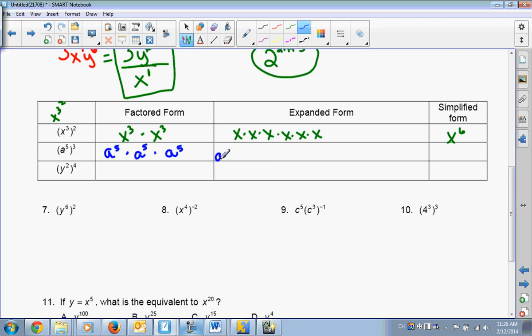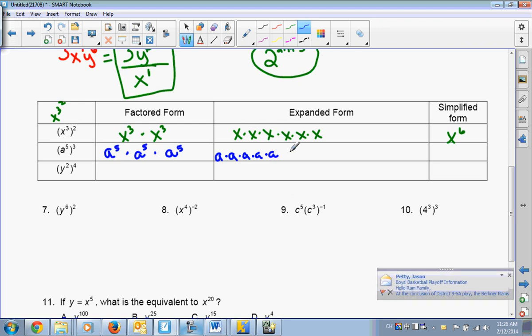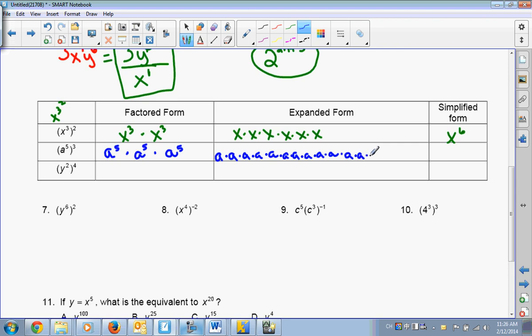A to the 5th is a times a times a times a times a, times another a to the 5th, a times a times a times a times a, times another a to the 5th, times a times a times a times a times a. I think I got it all. So how many a's did I just write out? 15. Noticing a pattern? Good.